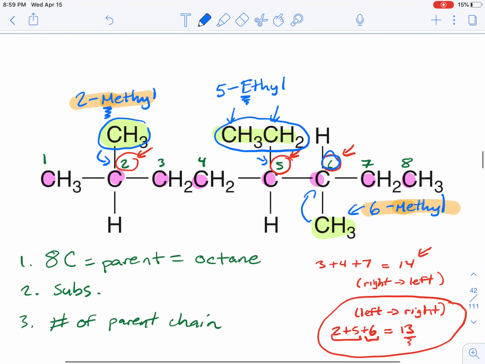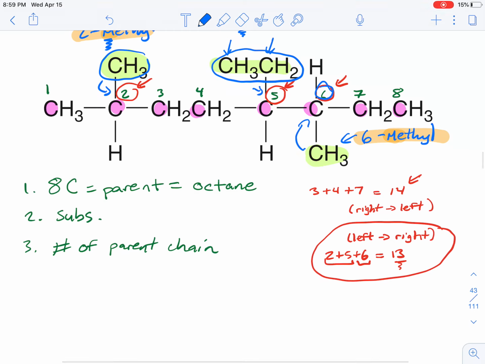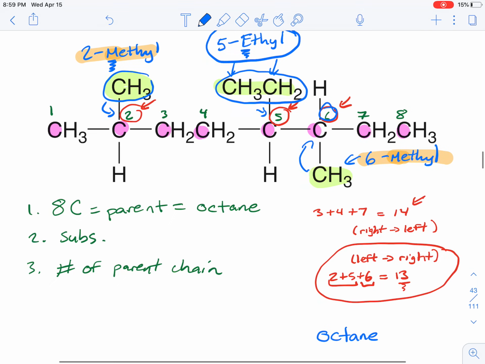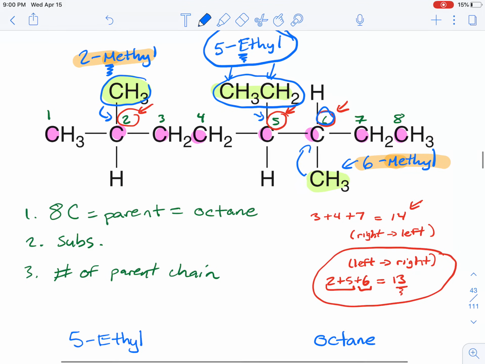So let's go ahead and put all these pieces together and see what it looks like. My parent name is octane. So octane is what I'm going to put at the very end. Now my substituents are ethyl and methyl. Since E comes before M in methyl, I'm going to put in 5-ethyl. Now, notice I have 2 methyl groups.